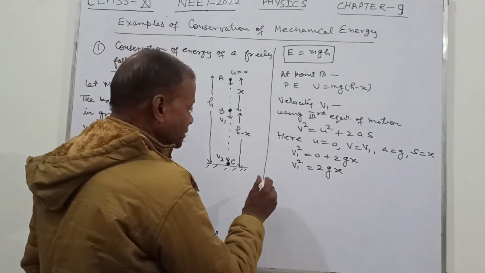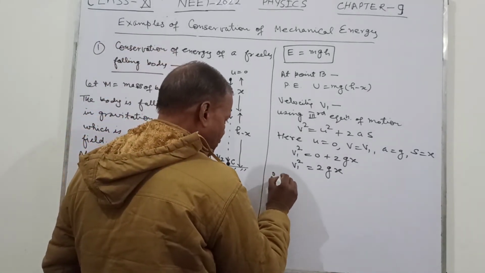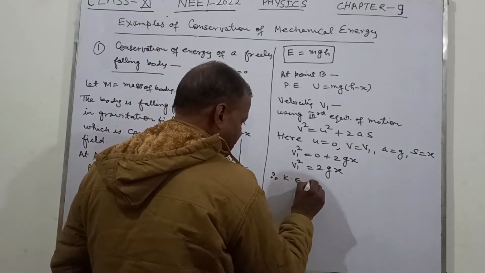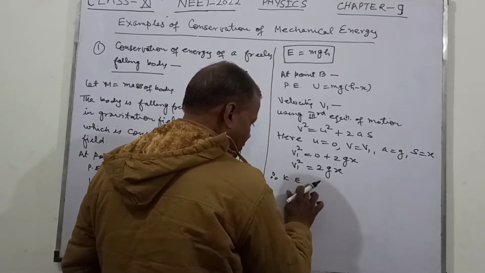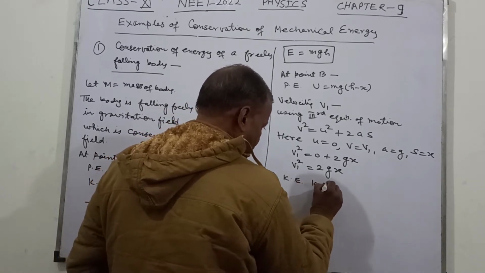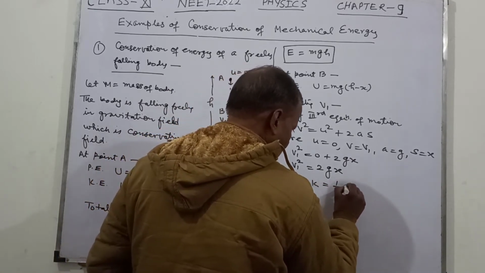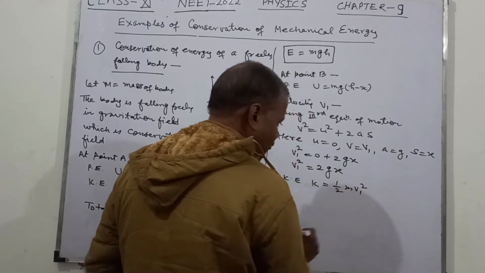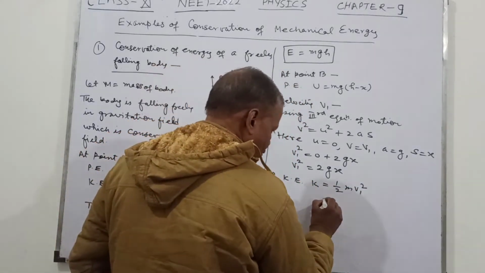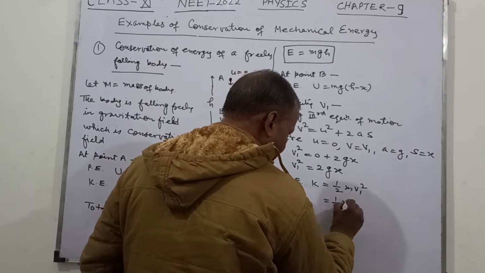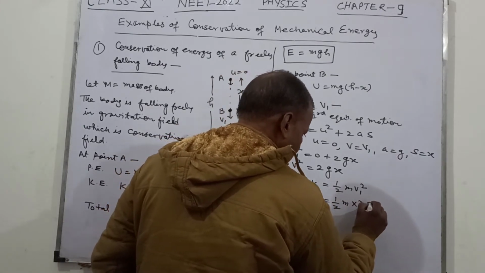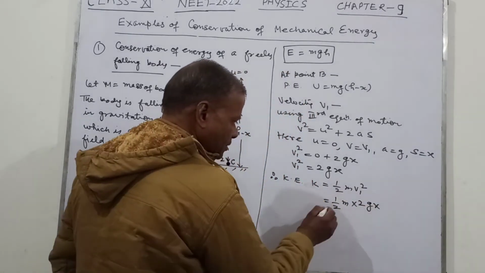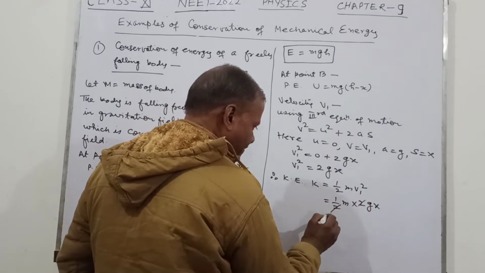Therefore the kinetic energy K equal to half m v1 square. So this is equal to half m into 2gx. This 2 and 2 will cancel.